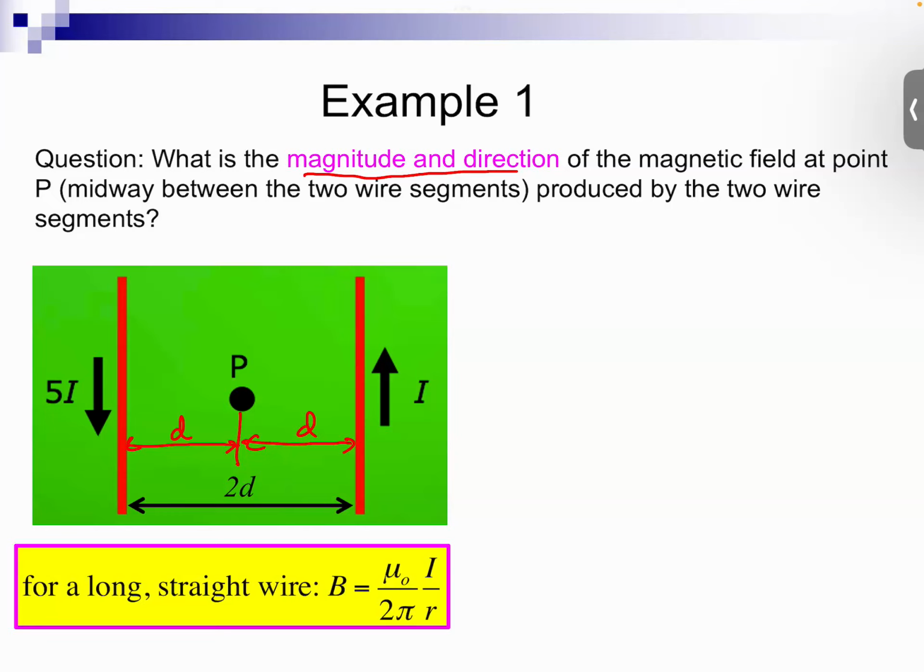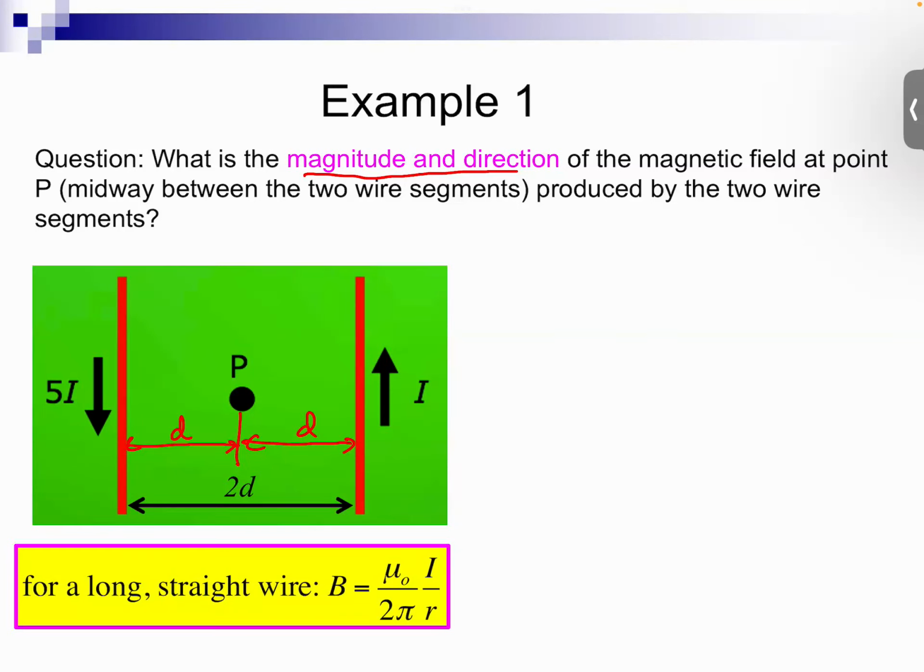Okay, let's look at the directions first. For the 5I current, 5I is flowing downwards. So you point your thumb downwards and your fingers curl around the wire to give you the direction of the magnetic field.